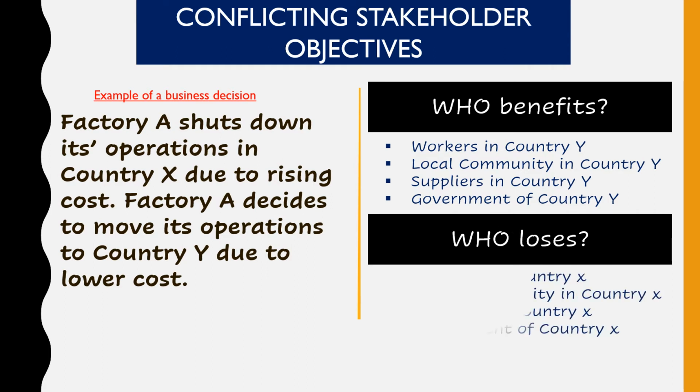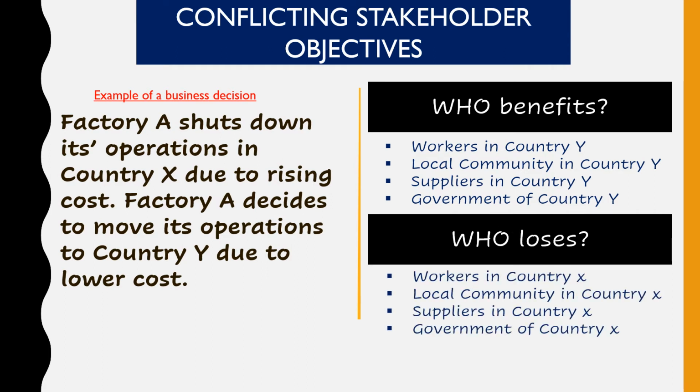Definitely and most certainly the people in country X: the workers, local communities, suppliers, and the government, because of loss of tax revenue, employment opportunities, and so forth. So this tells you an example of how a decision of a business would create conflict between stakeholders, where one party would benefit over the other.